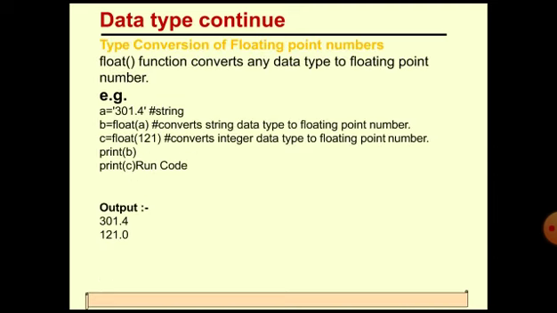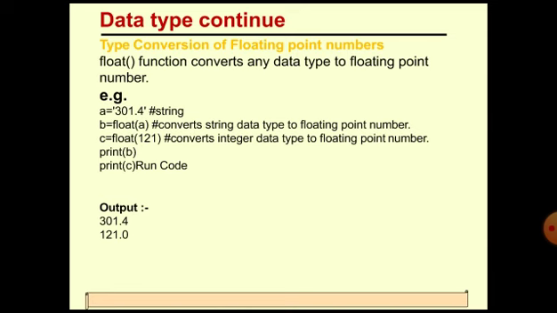Now, type conversion of floating point numbers. So how do you convert it? In the case of integers, we convert using the int function. In the case of floating point numbers, you can convert any type to a floating point number by using the float function. Simply pass the variable name into it as an argument, or you can pass the actual value in the float function as an argument.